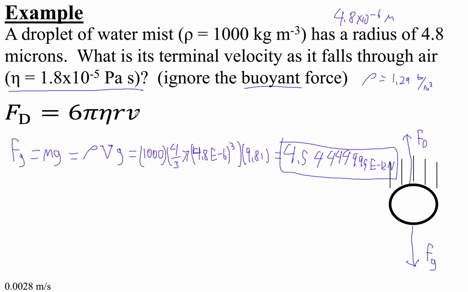If that equals the drag force, then we can figure out the velocity that it's got. So the drag force: 4.5444999 times 10 to the minus 12th newtons is equal to 6 times pi times the viscosity of air, 1.81 times 10 to the minus 5th, times the radius.